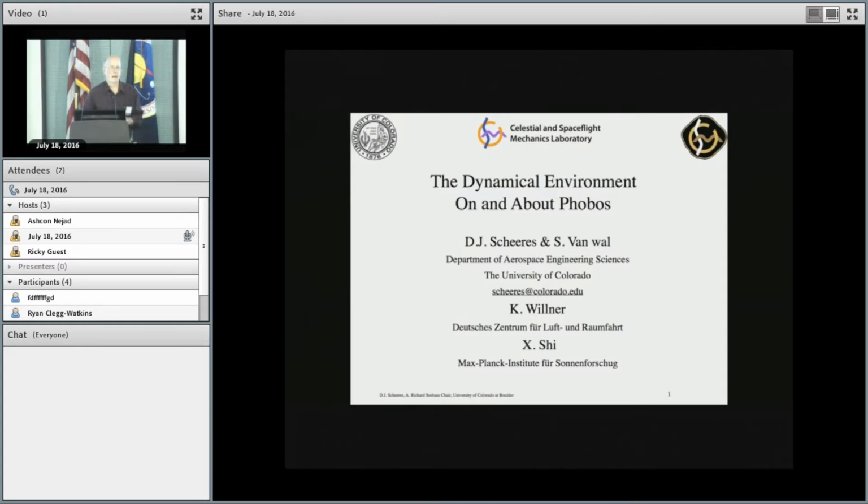So it seems like a great opportunity, and we actually teamed with Konrad, Wilner and Scheeres to use the latest models that we have for the Phobos shape and from the literature for the Phobos environment in order to understand what are the mechanics for exploration around this unique body.